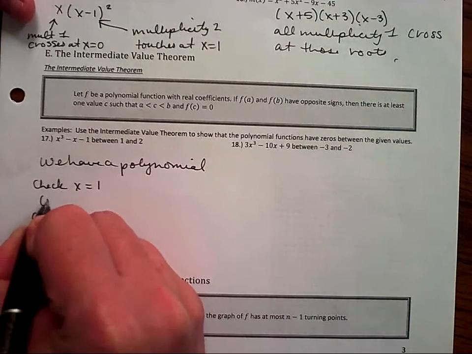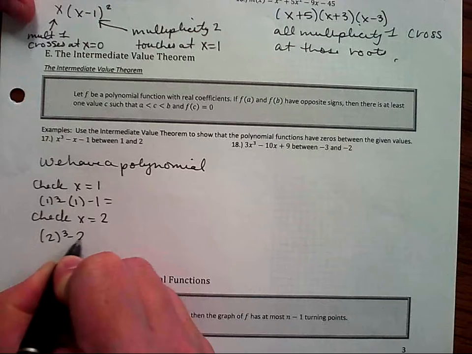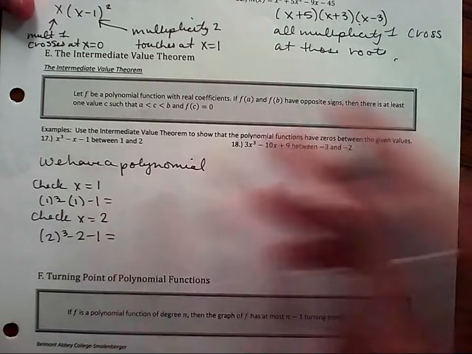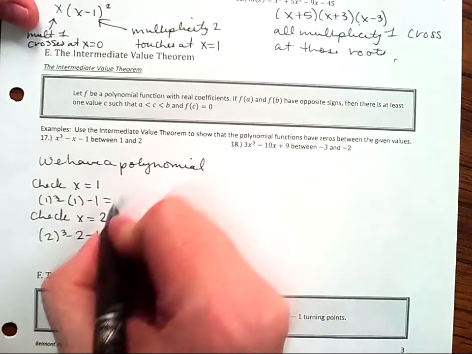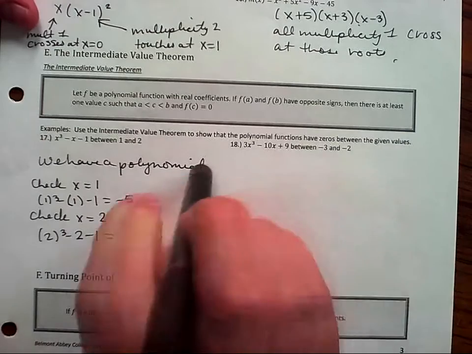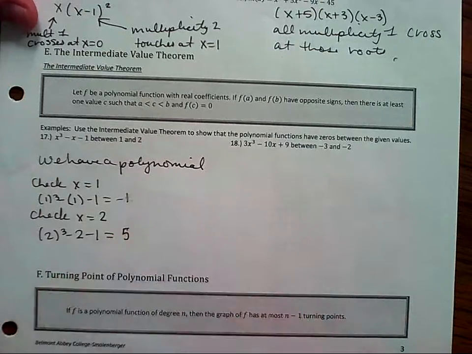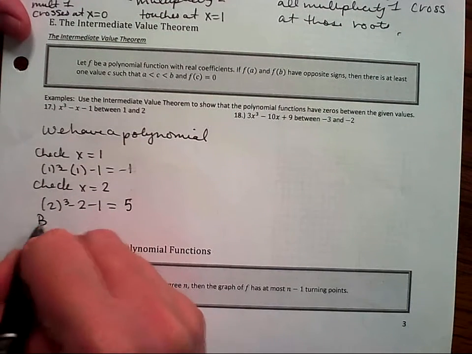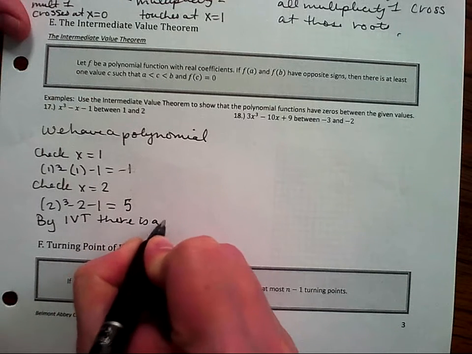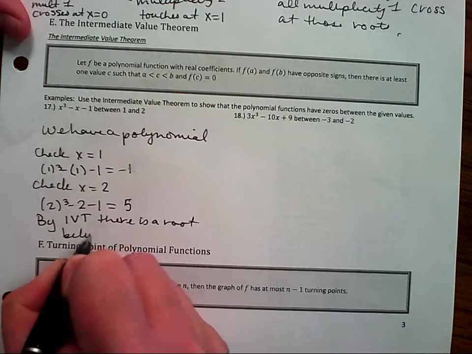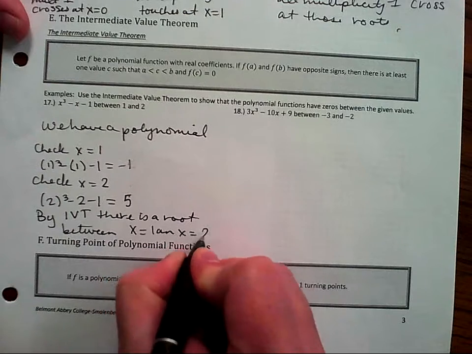So what did you get? Okay. So by intermediate value theorem, IVT, there is a root between x equals 1 and x equals 2.